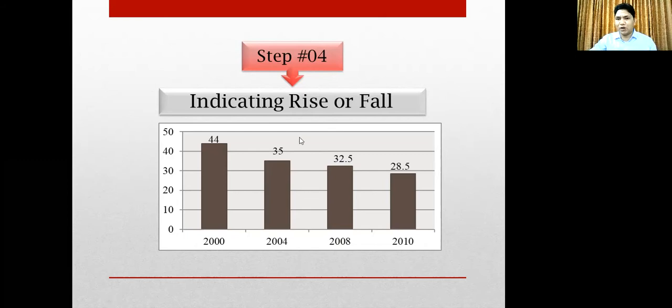I think you have got my point. You see, in 2000 the number is 44, in 2004 the number is 35, in 2008 the number is 32.5, in 2010 the number is 28.5. So you can very easily comprehend whether it is rising or falling. Yes, it is falling. So in step 4, you have to indicate whether the graph chart is rising or falling.